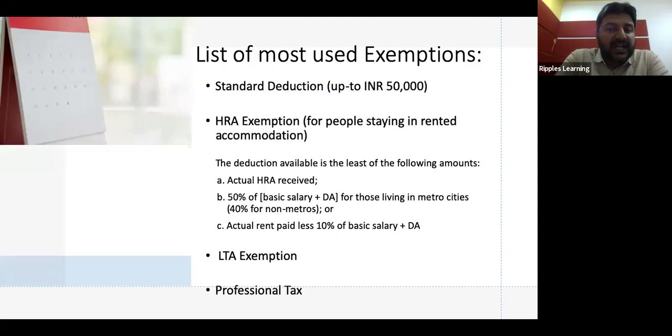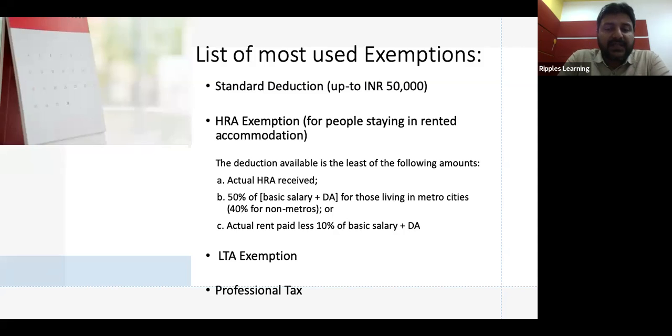Then you have HRA exemption. HRA is house rent allowance, and it is for people staying in rented accommodation. There are three conditions for HRA, and the minimum amount of the three is taken as HRA exemption. The deduction is available on the least of the following amounts. A is the actual HRA received.